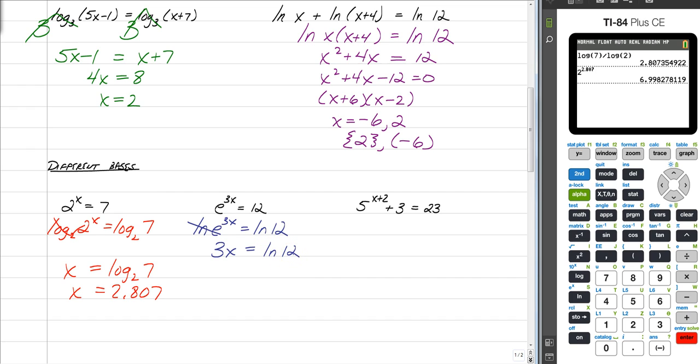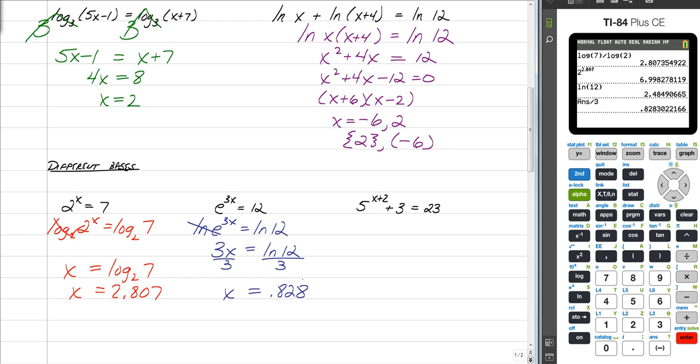And then you can type the natural log of 12 in right now, if you would like to. And we would get a decimal. And then we're going to have to divide that by 3 to end up with x is equal to, and then you would just press divided by 3, 0.828.